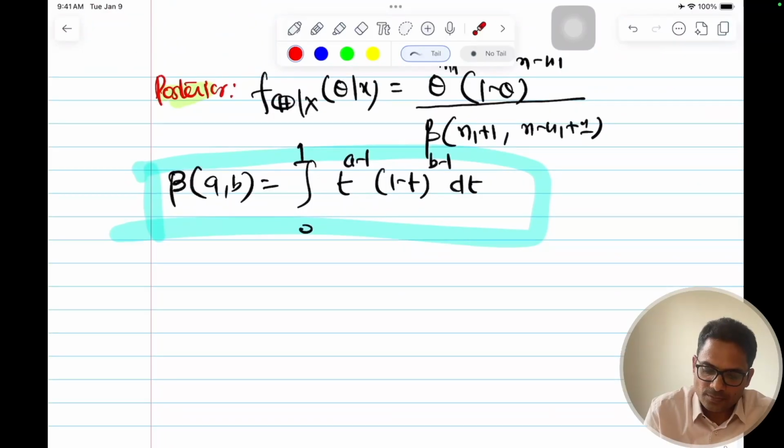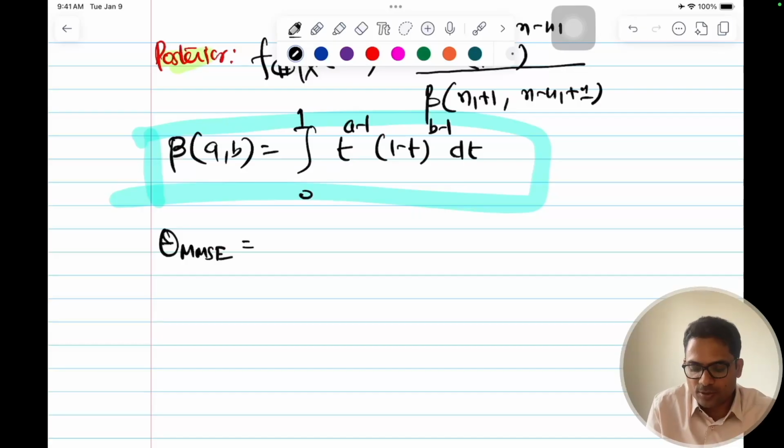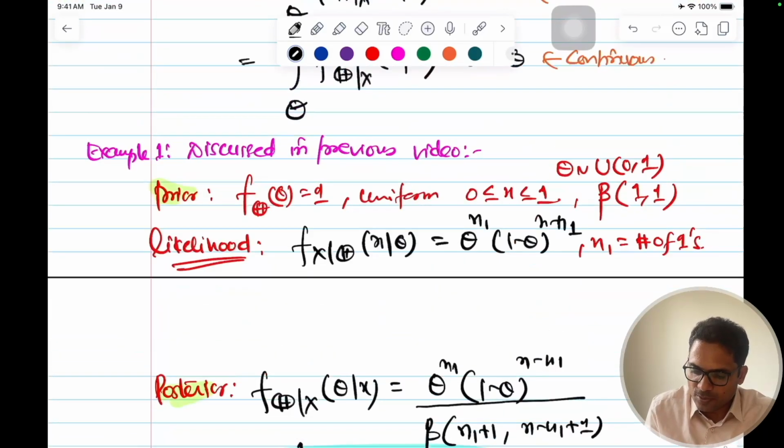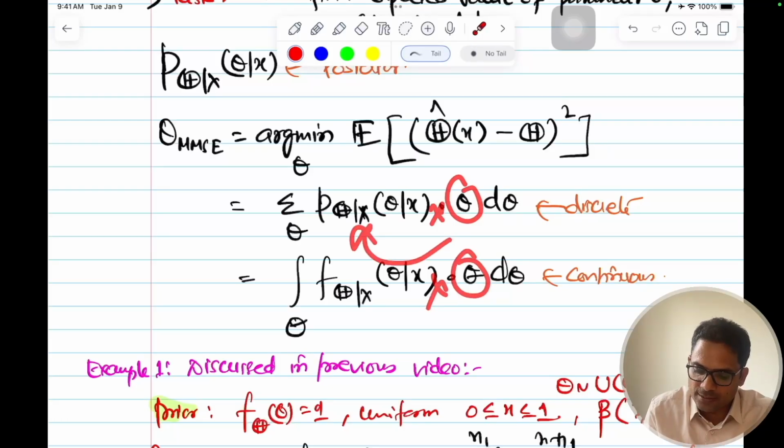Now what will be the theta MMSE? I want to get one value out of that. For which theta in this distribution will I get the minimum mean squared error? I have to find the mean. This is continuous, so I'll do an integral from 0 to 1 of theta into the probability distribution, that is, the posterior into theta.